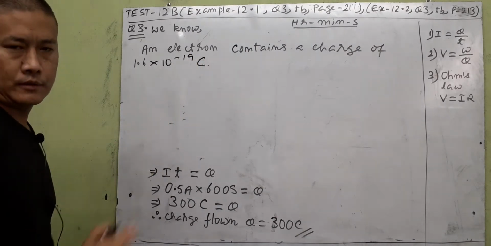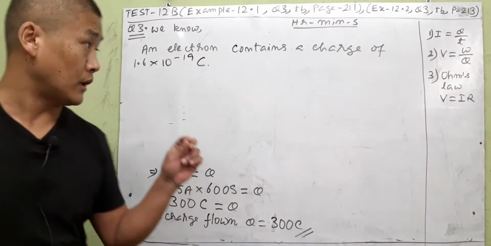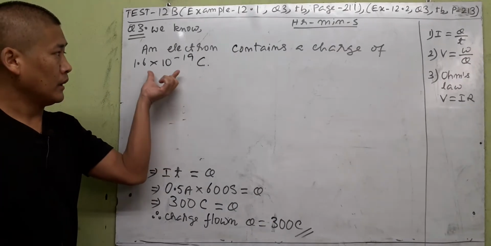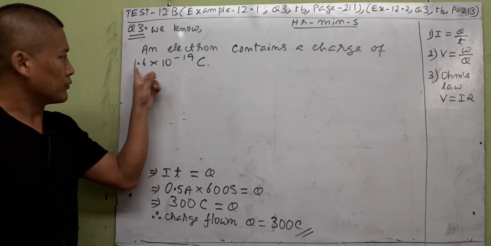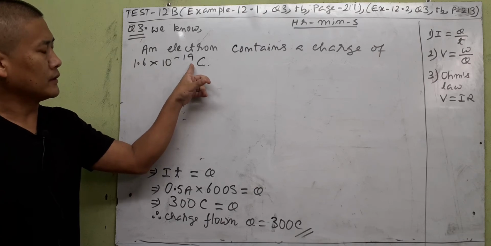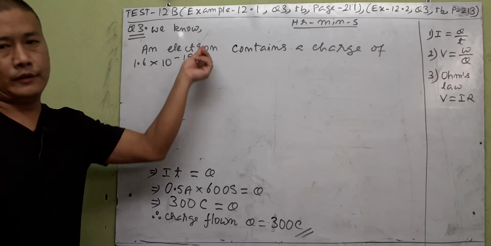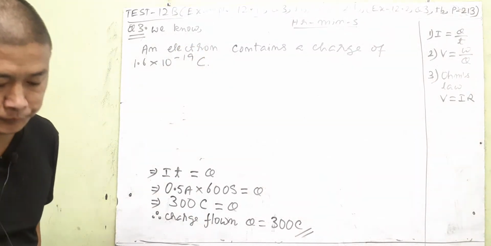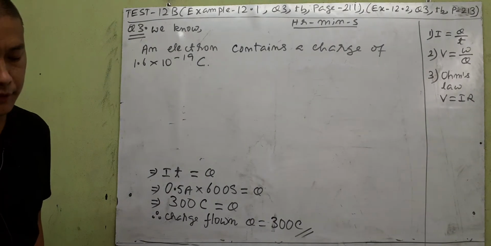This is the smallest charge known, that is the charge found on one electron. The smallest known charge in nature is 1.6 into 10 to the minus 19. So this is the charge on one electron. They're asking you the number of electrons making 1 coulomb.